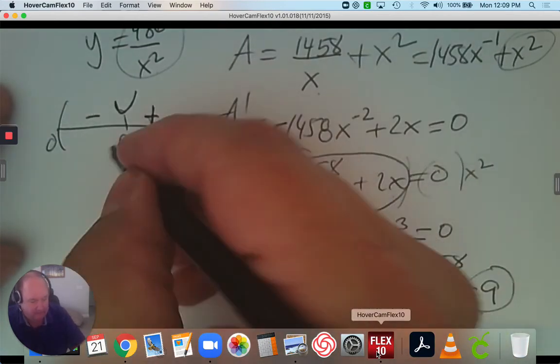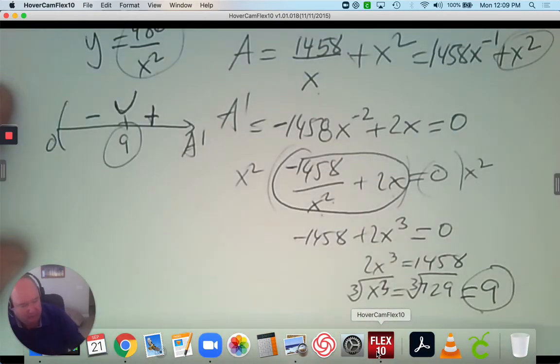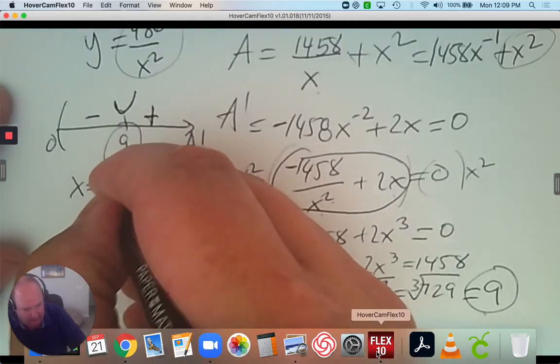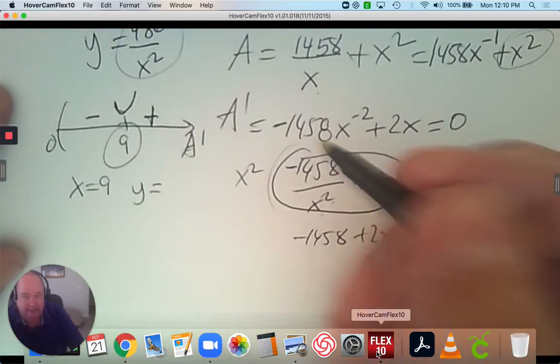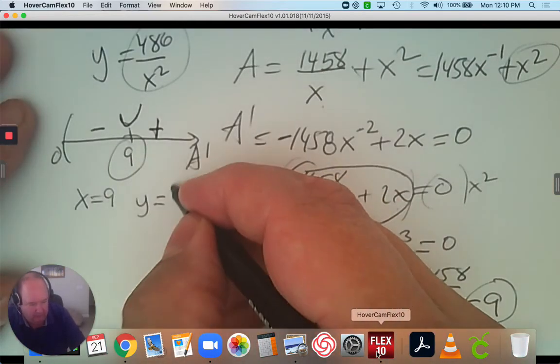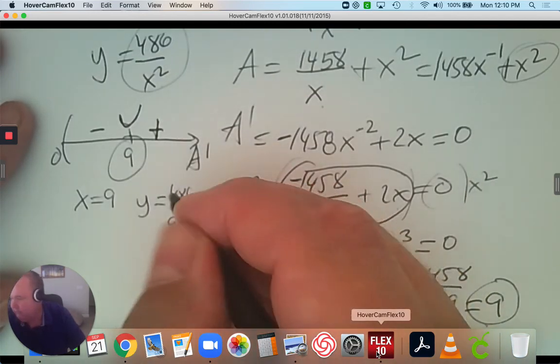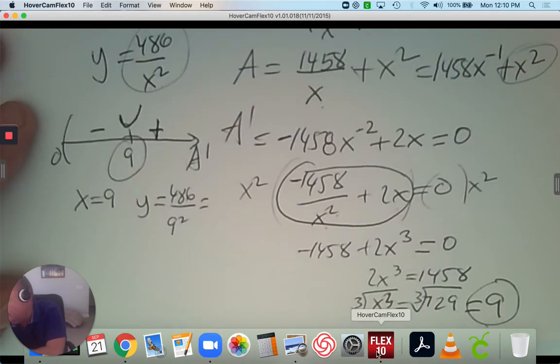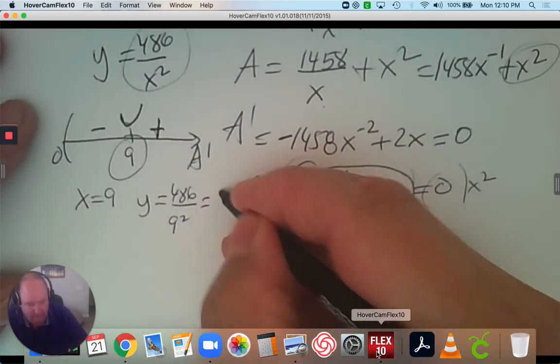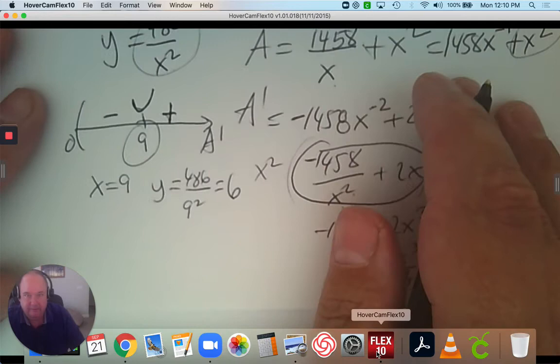So now we're done. So now we go back to the question. We just found that x is 9. That would mean that y would be 486 divided by 9 squared. So 486 divided by 9 squared. That actually is 6. It comes out nicely.